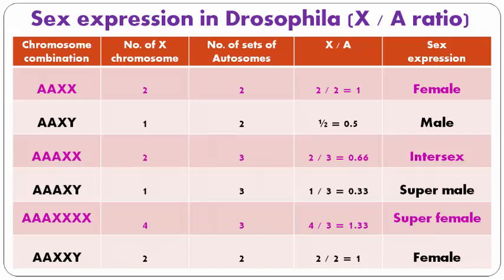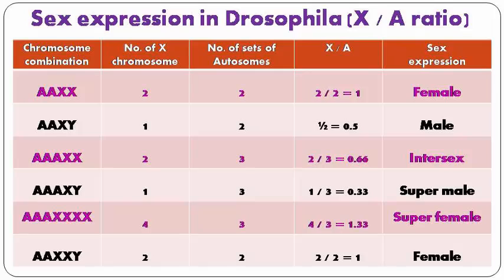So with this background, if we know the number of X chromosomes and the number of sets of autosomes, which sex expression will be produced in the offspring we can easily determine.